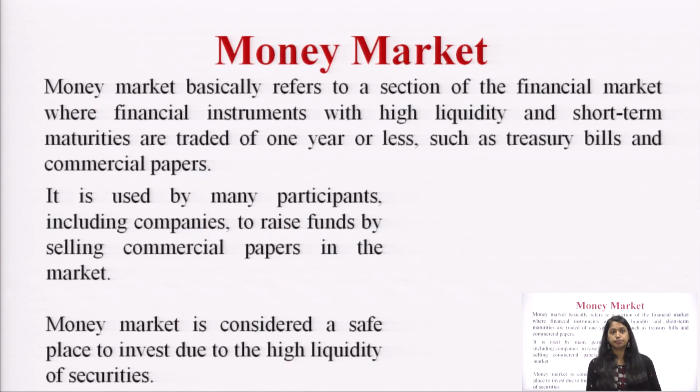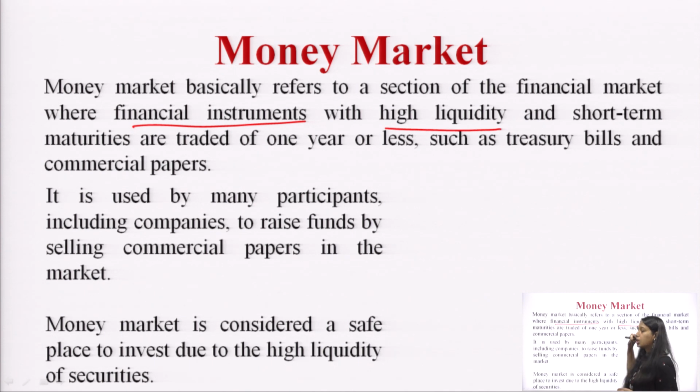Moving forward, the money market. I told you that the money market is that part of the financial market that deals with the short term maturities. Short term maturities means anything which is less than a year. So, money market basically refers to a section of the financial market where financial instruments with high liquidity. Why the liquidity is high? Because you are able to convert your near cash assets into cash in a year.